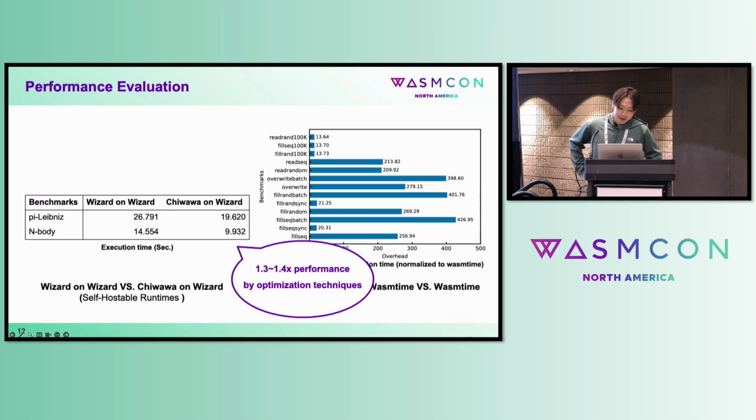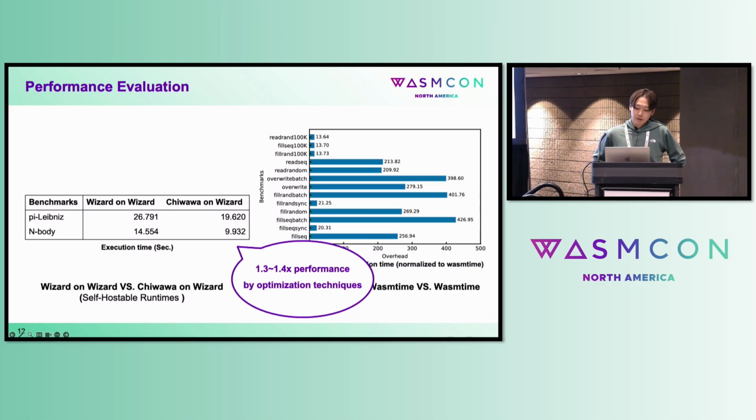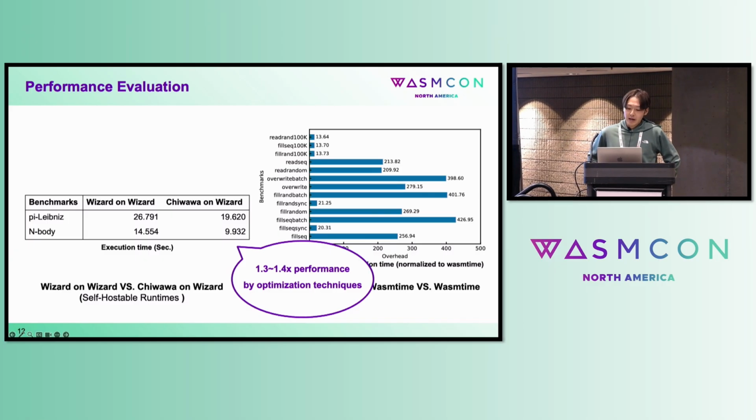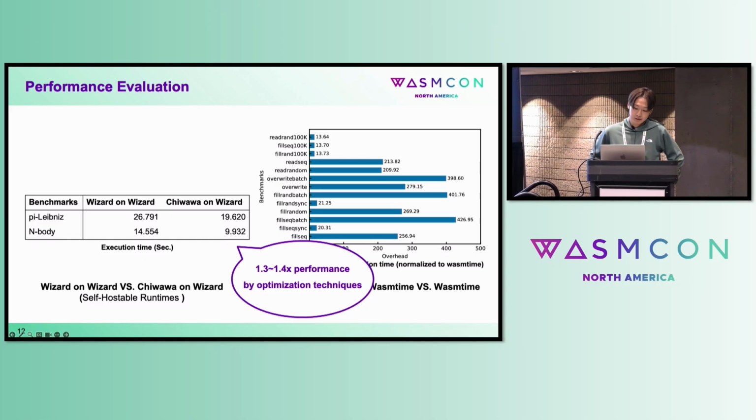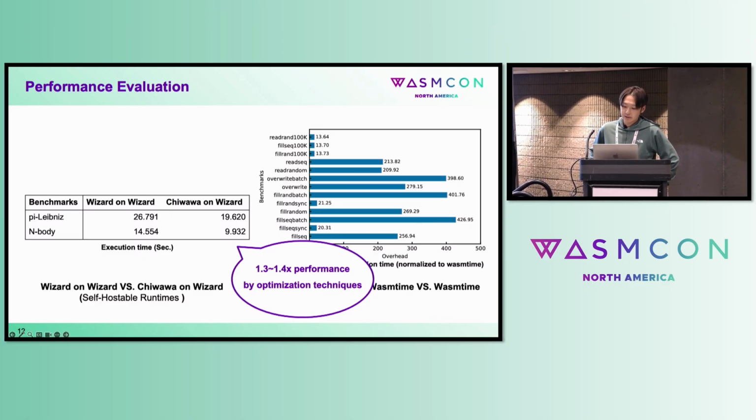I evaluated the performance of Chihuahua. First, I compared its performance with Wizard and an existing self-hostable runtime using primitive computational benchmarks. Chihuahua achieved about 1.4 times better performance than the existing self-hostable runtime. This improvement is due to the optimization techniques.